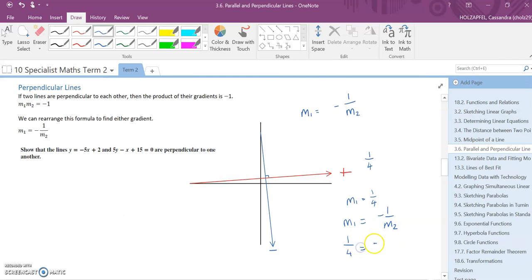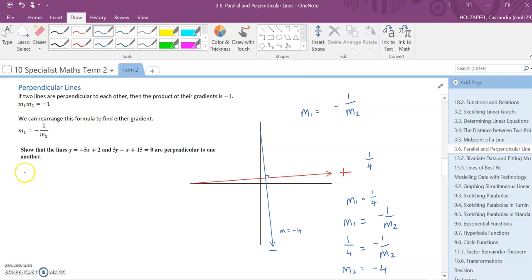So 1/4 must be equal to -1 over M2. If I rearrange this, I multiply both sides by 4, and then I multiply both sides by M2, then I get M2 is equal to -4. So in other words, the slope of this line here is equal to -4. And we can kind of see that. That makes sense because this is a very shallow positive line and its perpendicular line is going to have a very steep negative slope.